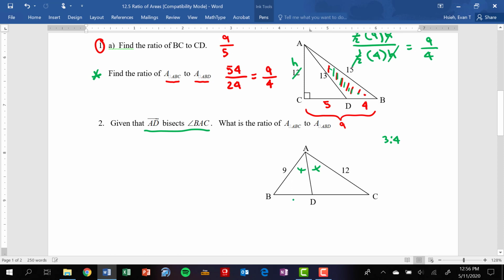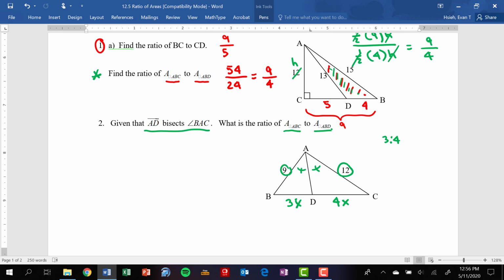The ratio of these parts down here is going to be in that exact same ratio. So let's call it 3x and 4x down here, because it has to be in the same ratio of 9 to 12.